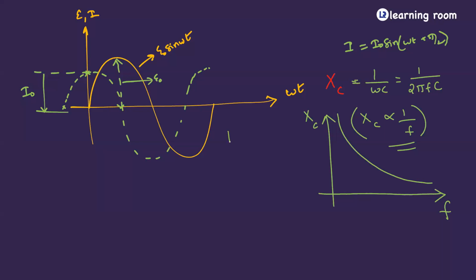For direct current, f will be equal to 0 because there is no change in frequency. Then what will be the value of XC? It will be infinite. So what does this indicate? A capacitor will not allow direct current to pass through it. If you connect a capacitor across a DC source with a steady state value, the current flowing through the capacitor is 0.